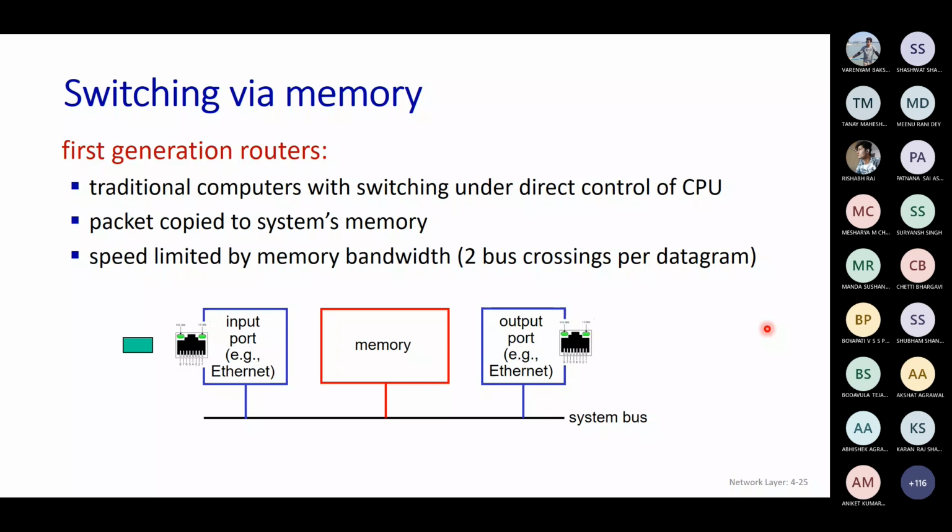The packet will be copied to the system's memory and then it will be transferred to the output. So the speed with which the data can be transferred via this memory is limited by how much bandwidth it has. That means the transfer rate of this switch fabric is basically limited by the memory bandwidth.